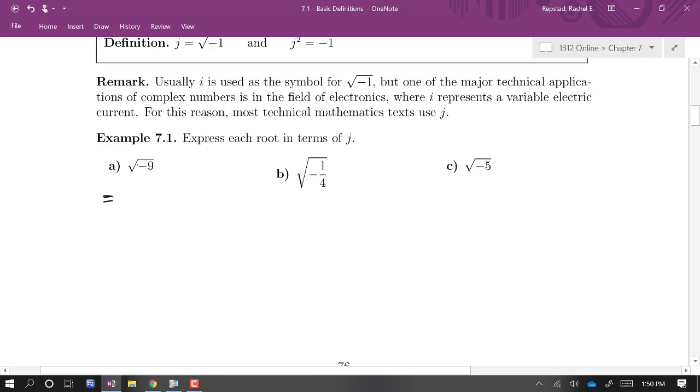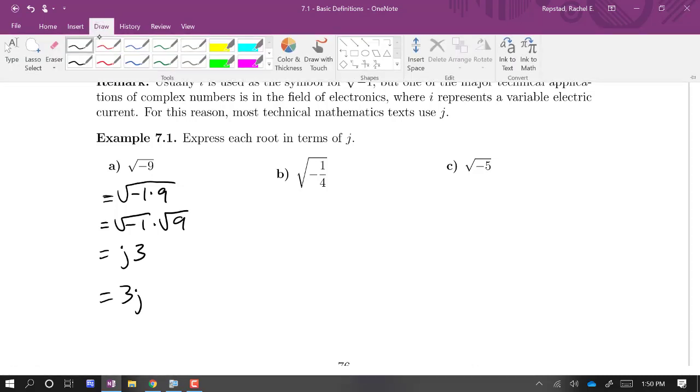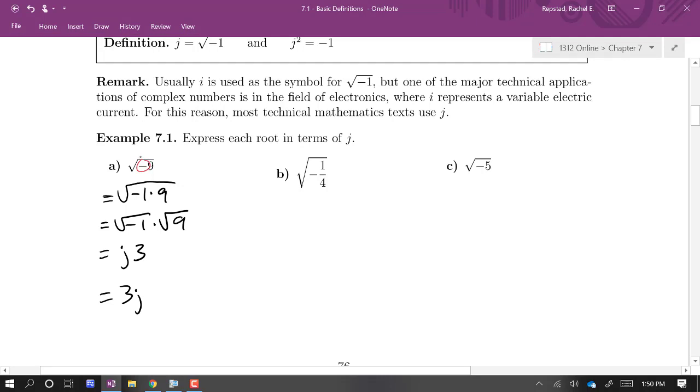So this negative 9 is negative 1 times 9, and this is the square root of negative 1 times the square root of 9, and the square root of negative 1, well, that's j, and the square root of 9 is 3. So j3, or usually we'll say 3j. The shortcut of that is that if I have a negative number inside the radical, I just take out the negative as a factor of j, and then rewrite the radical without the negative, and then simplify that.